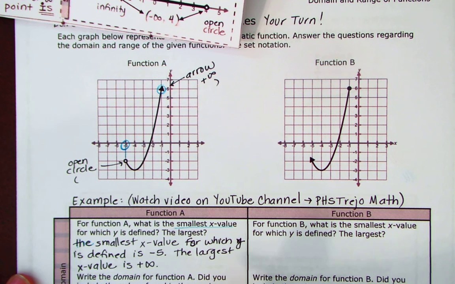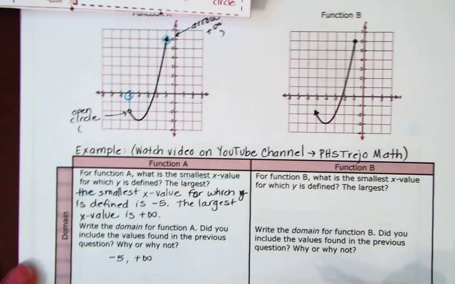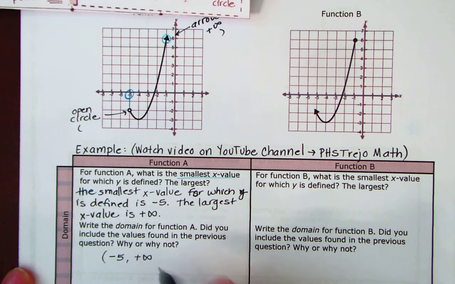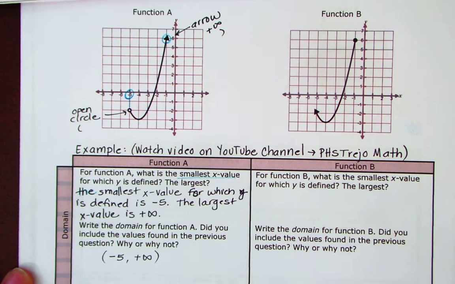Write the domain for the function a. The function a has a domain of -5 to positive infinity, and you're going to use parentheses on the -5 and parentheses on the positive infinity. It says, did you include the values found in the previous question? Why or why not?